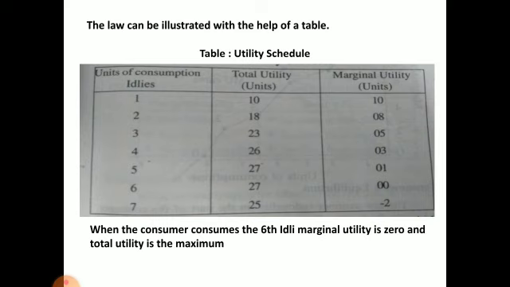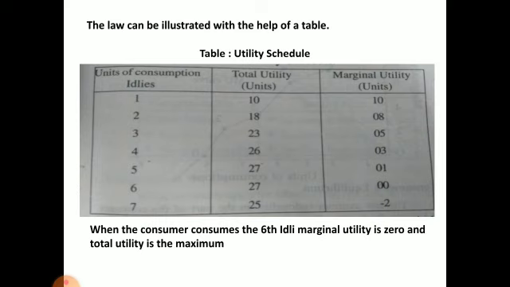Now, if you look at the table, you just see the sixth unit consumed. When the consumer consumes the sixth unit, marginal utility is 0. This 0 marginal utility indicates full satisfaction arising out of excess consumption.